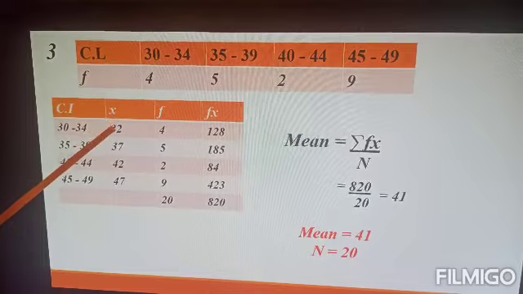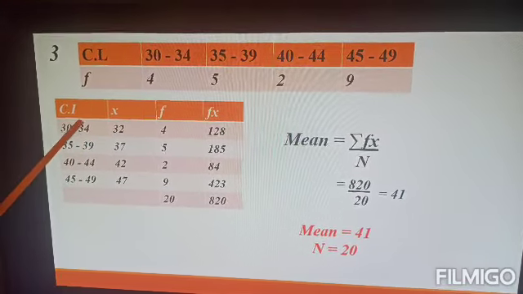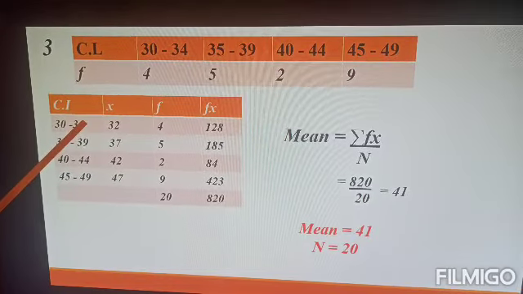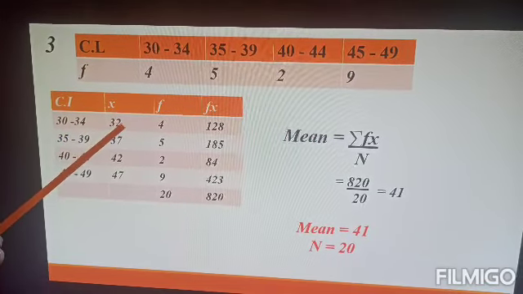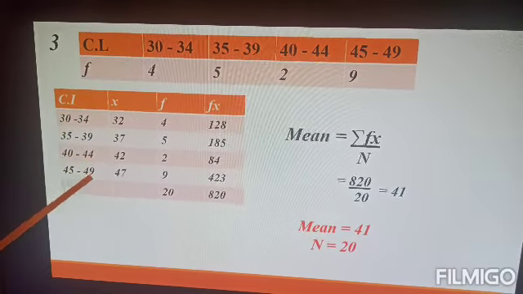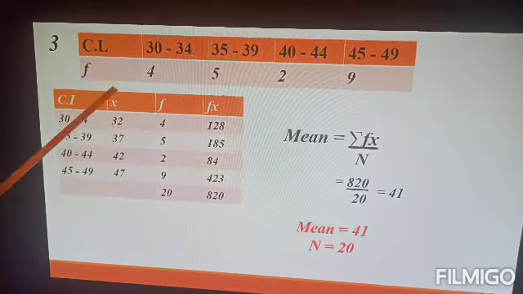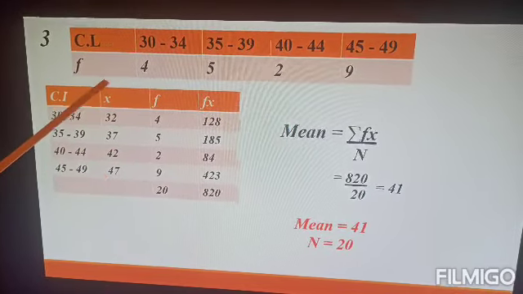X means the midpoint of this class interval. 30 plus 34, 64. 64 by 2, 32. Like this, we add these two by 2, these two by 2, these two by 2, and we get the average. Those average values are called x.